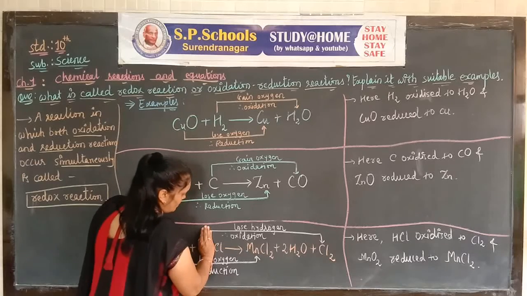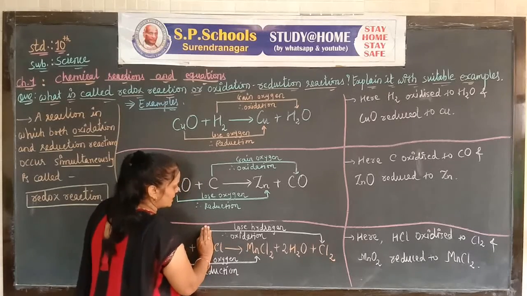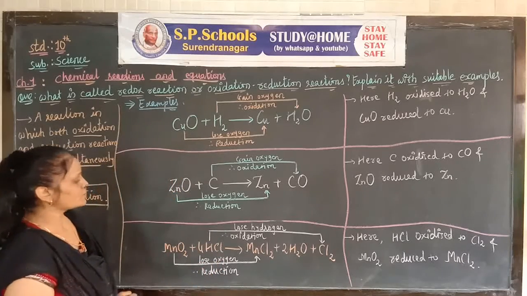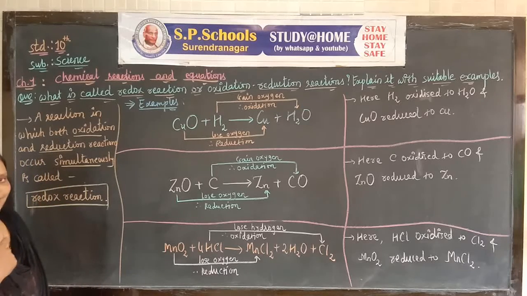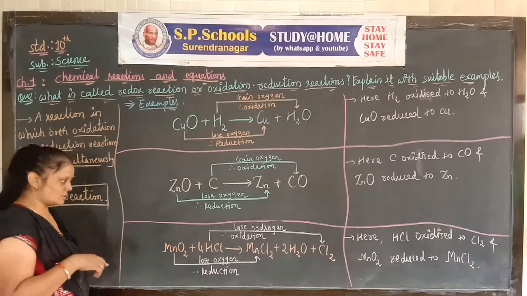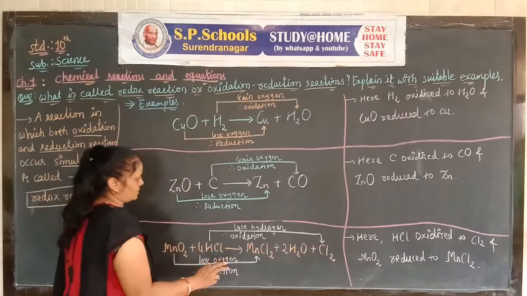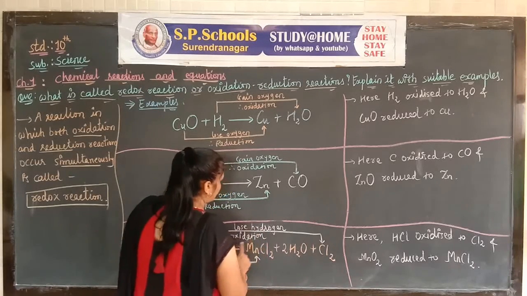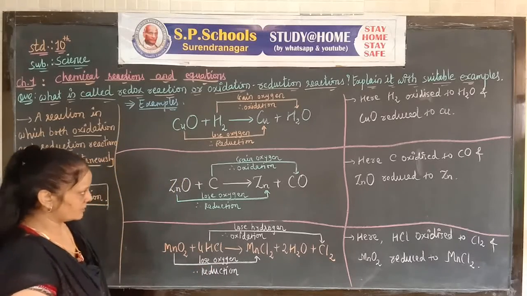Here we don't mention oxygen. Here we mention hydrogen. But we know that an oxidation reaction is either gaining oxygen or losing hydrogen. So HCl forms chlorine Cl2 by losing hydrogen, and the reaction is called an oxidation reaction.